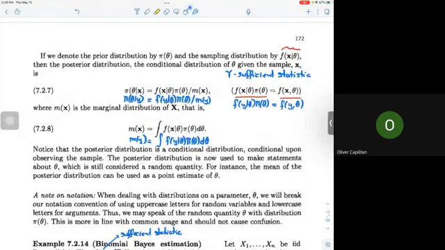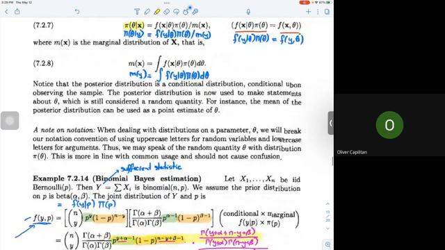We use here pi of theta for the prior distribution of our parameter theta, and then pi of theta given the sample x for our posterior distribution of theta. As I've said, if we use the sufficient statistic, that is the blue one we will use. So in the solution in example 7.2.14, we use the sufficient statistic, not necessarily applying our sample, the random sample.